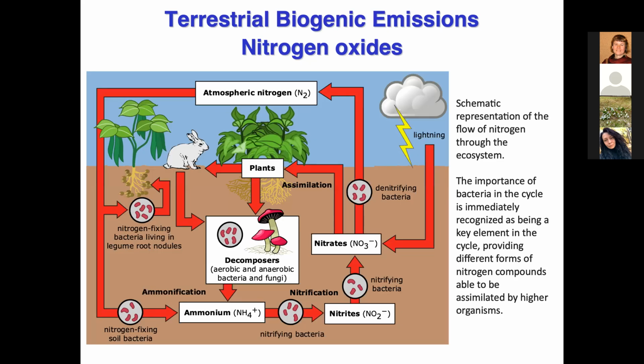There's a nice figure to illustrate this a little bit, but the main message is that atmospheric inorganic nitrogen is taken up by bacteria in the soil and converted to a kind of nitrogen which can be used by plants. And then we have the emission of certain compounds into the atmosphere.